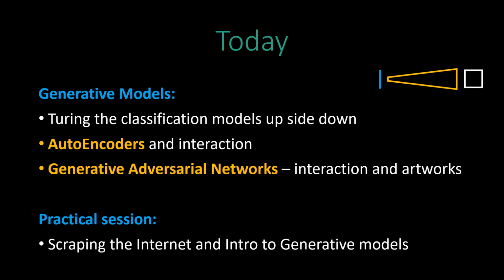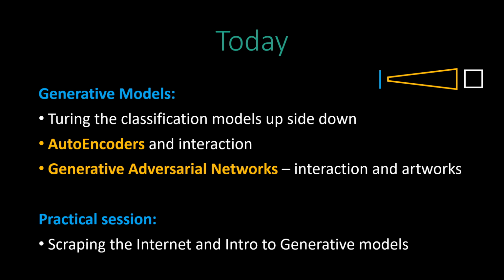Okay, so today's topic will be going through several generative models and talking about two particular architectures. One of them will be the AutoEncoders, and the second one will be the Generative Adversarial Networks. And in both cases, we will show how they work.